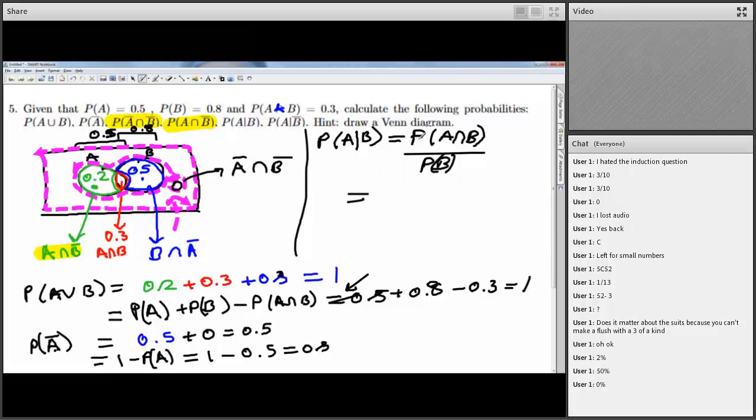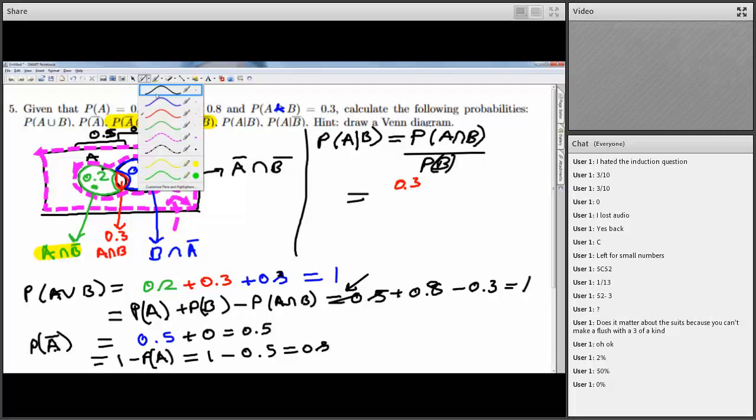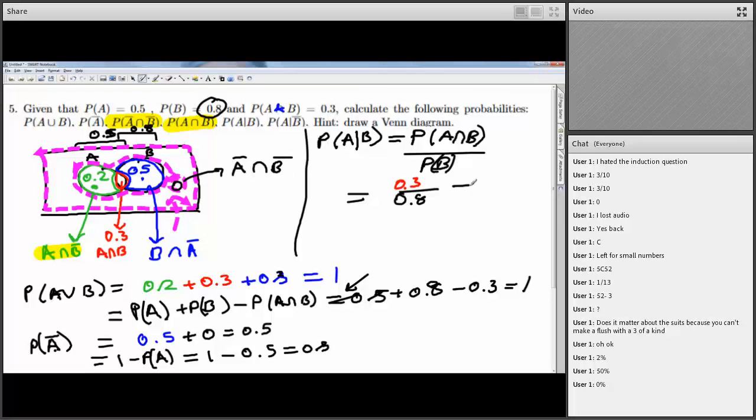Now we know that, we can read off our answers. The probability of A and B is the 0.3 we can see from the picture, and the probability of B, we know, is 0.8. So therefore that's a probability of 3/8 or 37.5%, or 0.375.